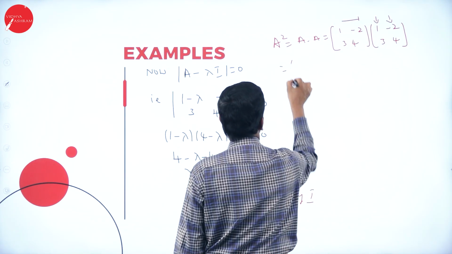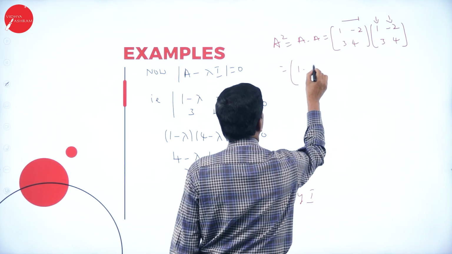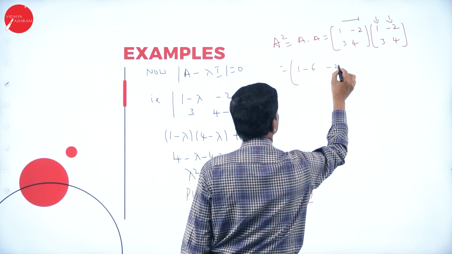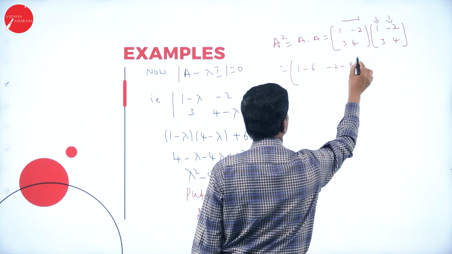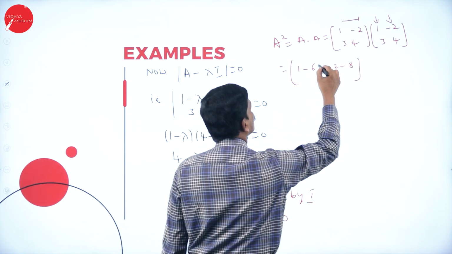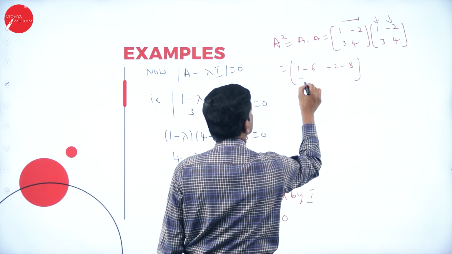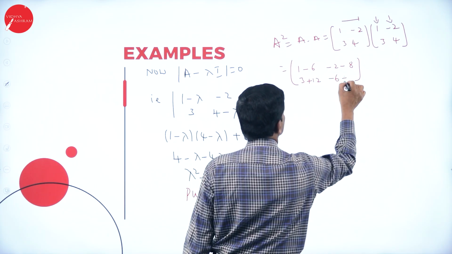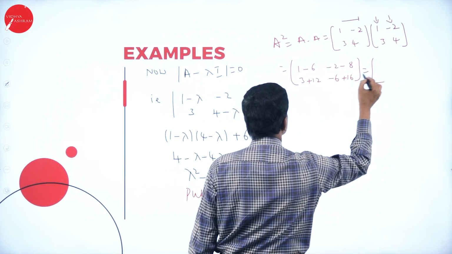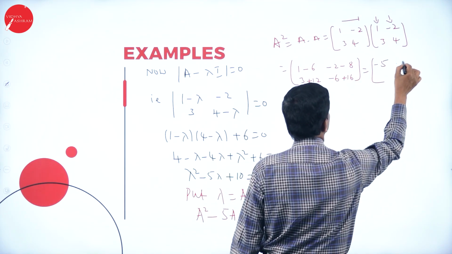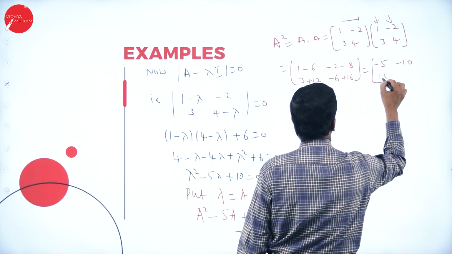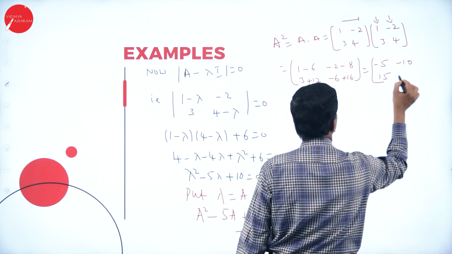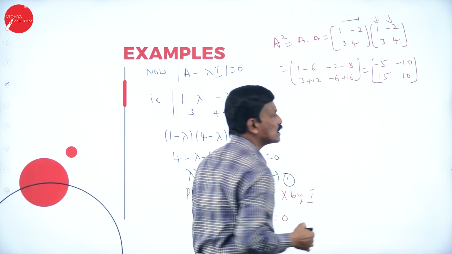So this is equal to 1 1s are 1, minus 2 3s are 6, 1 2s are 2, minus 2 4s are 8. Again, second row, first column: 1 3s are 3, plus 3 4s are 12, 3 2s are 6, minus 6 plus 4 4s are 16. This is equal to minus 5, minus 10, 15, and minus 6 plus 16 is plus 10.